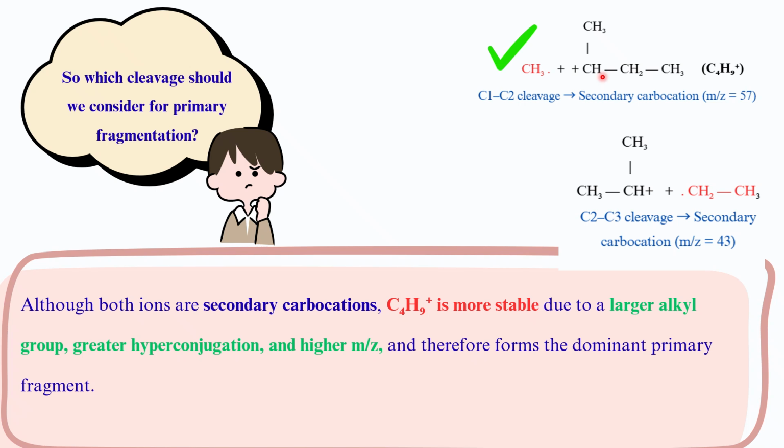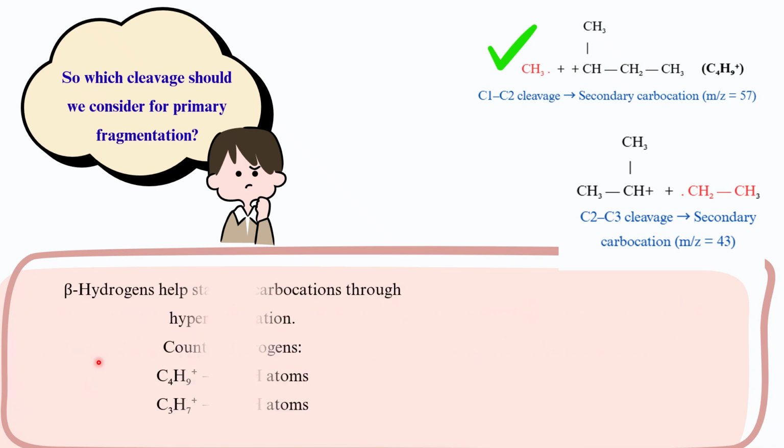Hence this carbocation is more stable than this one. There is another way to explain the same thing: if we have more hydrogen atoms present, especially beta hydrogen atoms, there will be more hyperconjugation, and as hyperconjugation increases, the stability of that carbocation also increases. So we can also discuss the stability based on beta hydrogen presence.